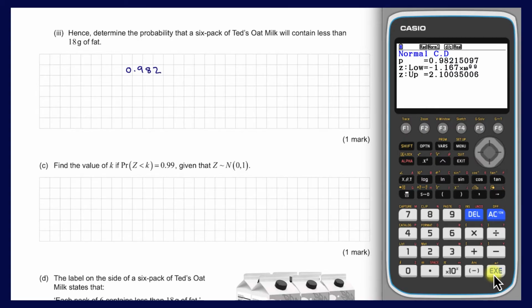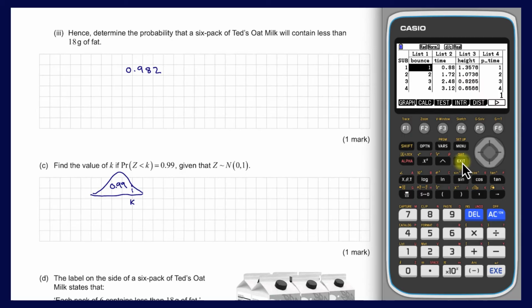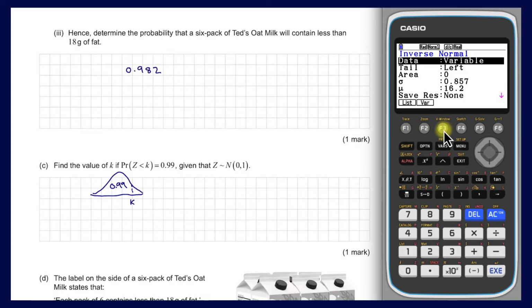So we have a probability there of 0.982. Part C asks us to find a value of k associated with the standard normal distribution z, and in fact is asking us to find the value of k such that the probability of z less than k is equal to 0.99. This can be done on the inverse normal menu of our calculator. So if we exit out of here a couple of times, and then back into distribution, back into normal, and choose the inverse normal calculation, we need a left tail calculation, so my calculator is currently set to that.